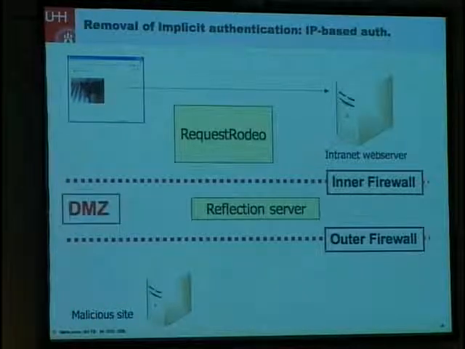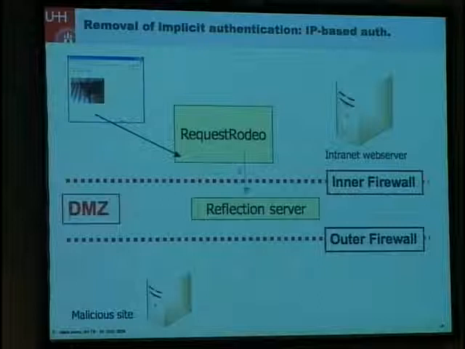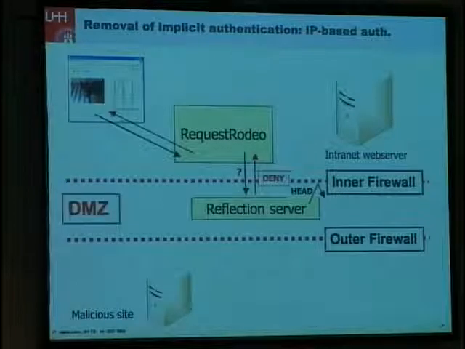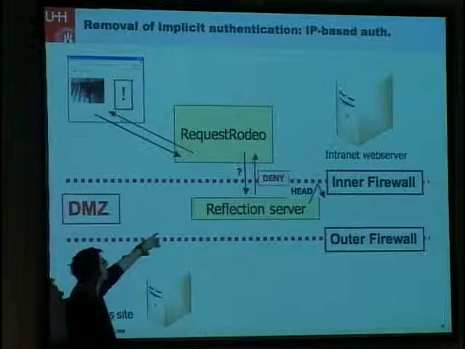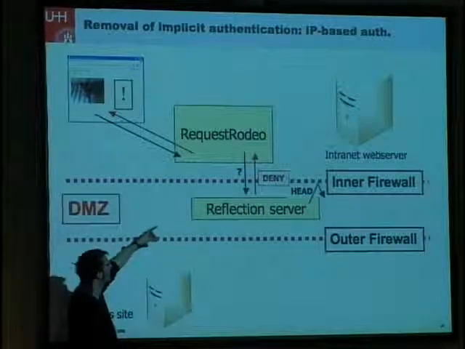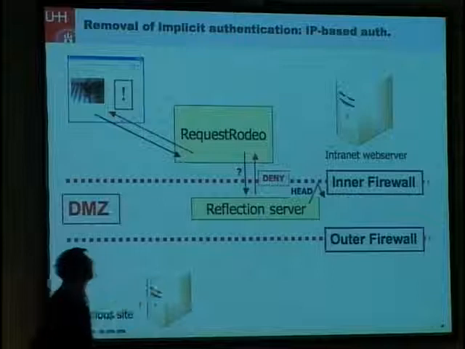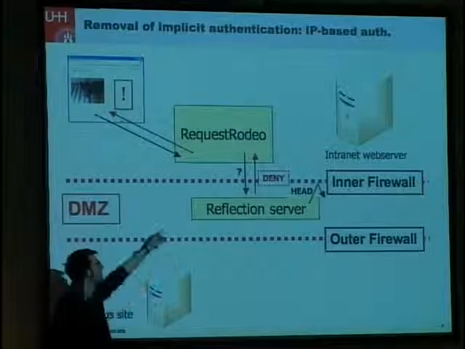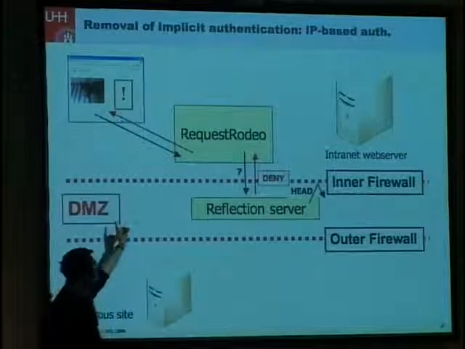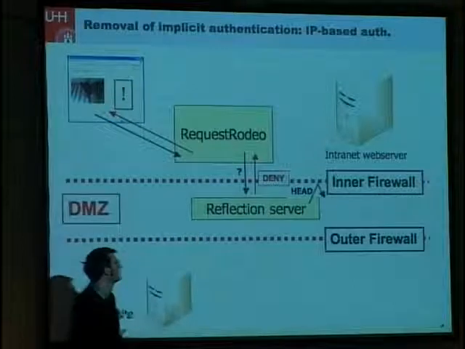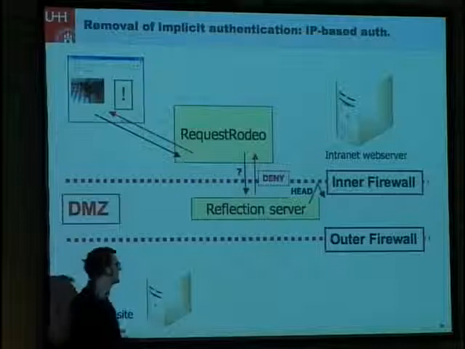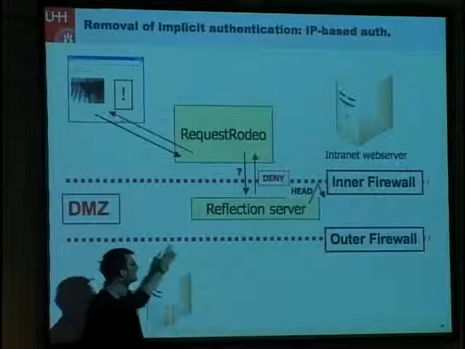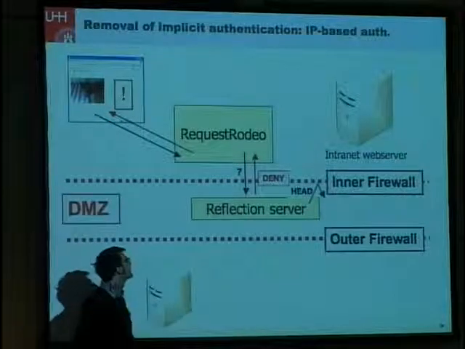Therefore, Request Rodeo again asks the reflection server, hey, can you get to this? And this is where the position of the reflection server comes into the game. The reflection server is in the DMZ outside the inner firewall. For this reason, the reflection server has the same access rights as everything outside the company and inside the internet.